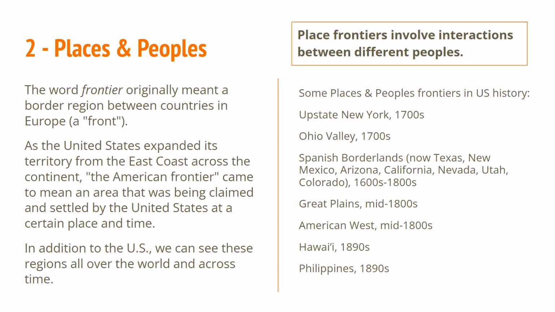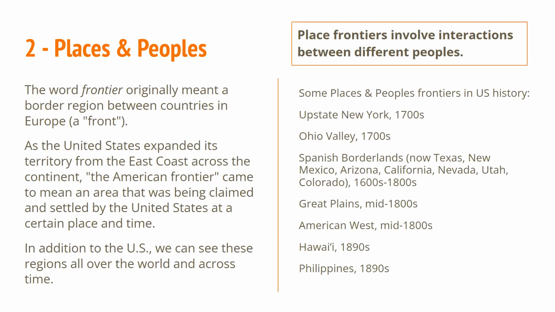Like when we think about the American frontier, that is limited to a certain place and time, right? But if you think about it more broadly, it originally meant a border region between countries in Europe, and then it took on all these additional associations as it became very caught up in American history and American expansion, and how those processes have been understood to be developmental in the United States.